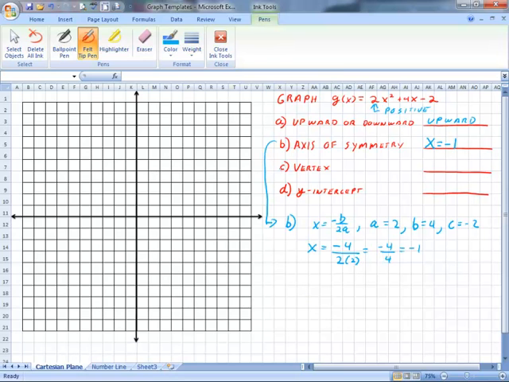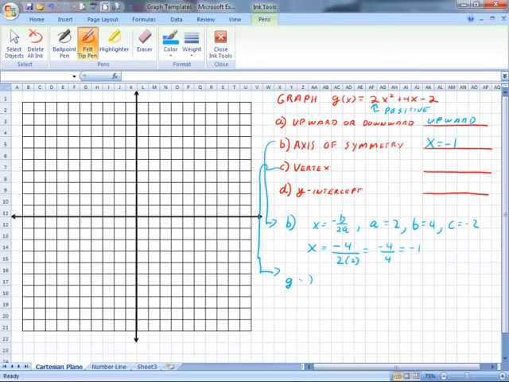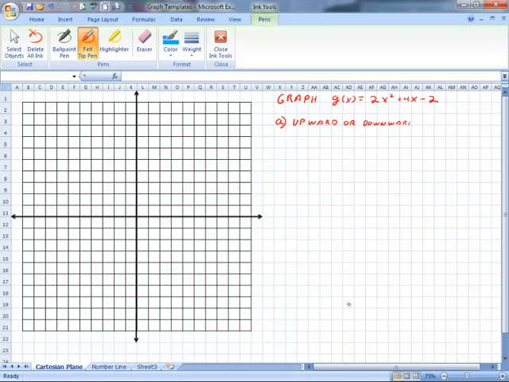It says for C, find the vertex. So the way that we find the vertex is we take the equation, and that's g of x, not an f of x here. g of x is equal to 2x squared plus 4x minus 2 when x is equal to negative 1. So now we plug in the negative 1.